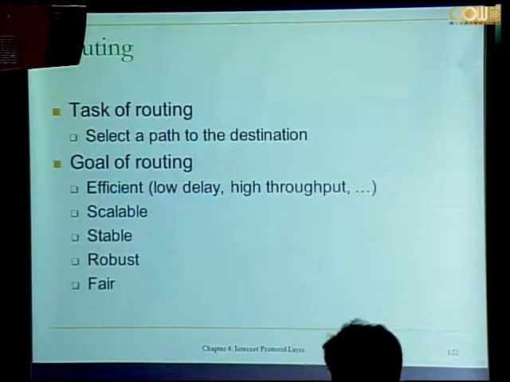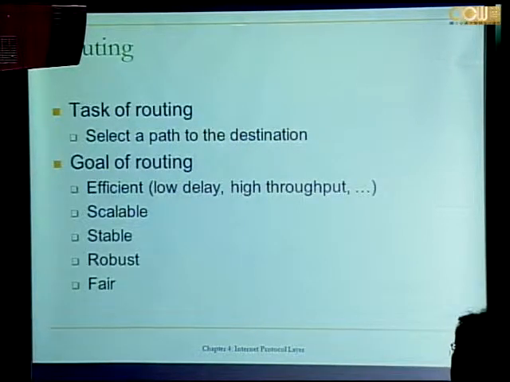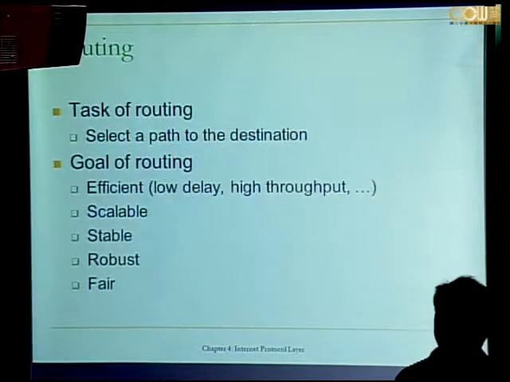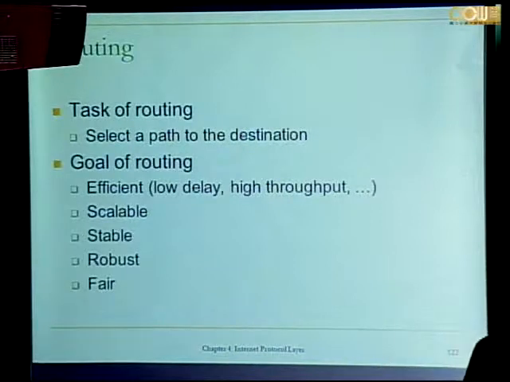So selecting a path is actually to compute the next hop, in the interpretation by IP routing. The goal of routing is to be efficient and scalable, stable, robust, and fair in forwarding a packet.